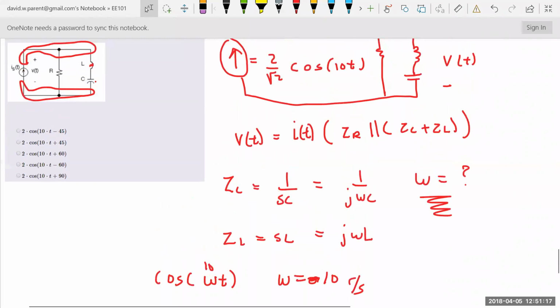Now, the good part is, though, that you'll end up with a polar magnitude and phase. All right.